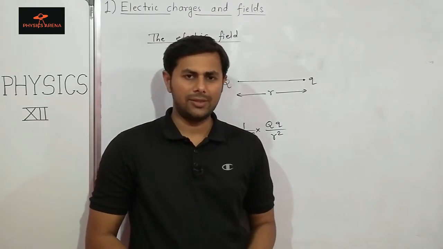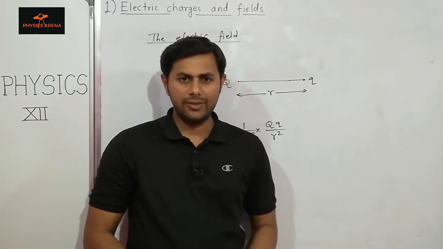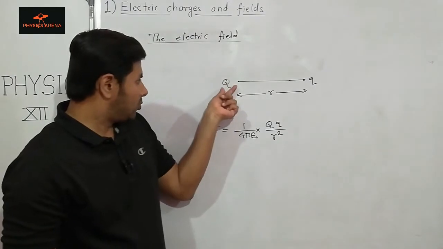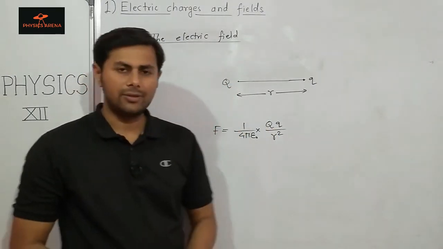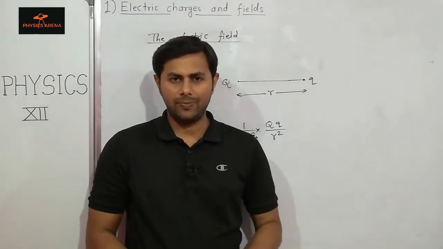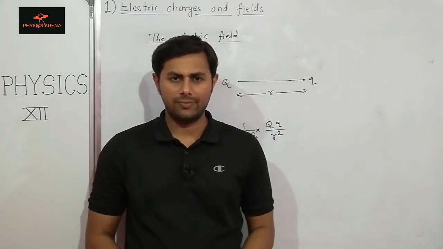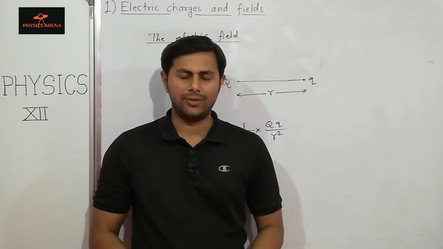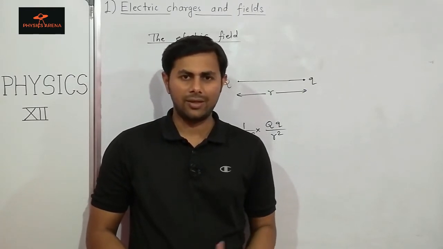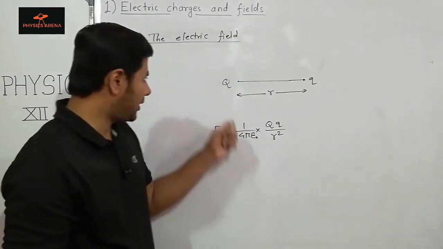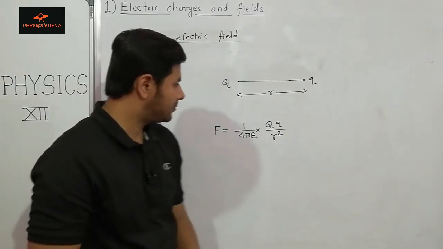So the answer to this question is, the moment we put this capital Q at this point, it created its effect in the surrounding region at each and every point of its surrounding, and we call that effect the electric field of this charge.